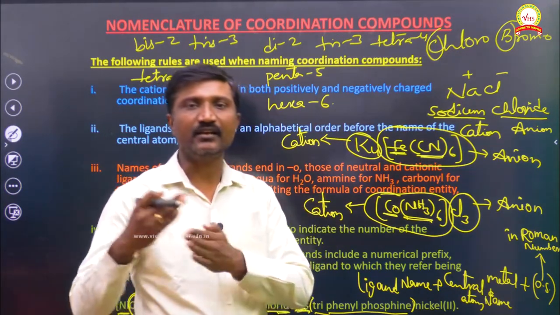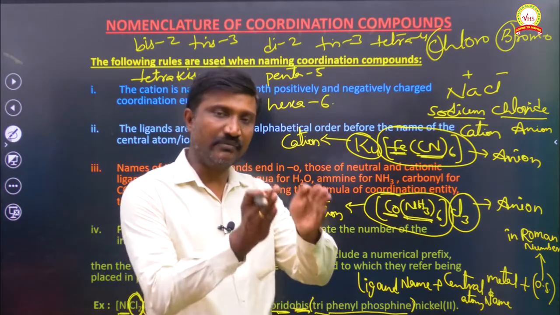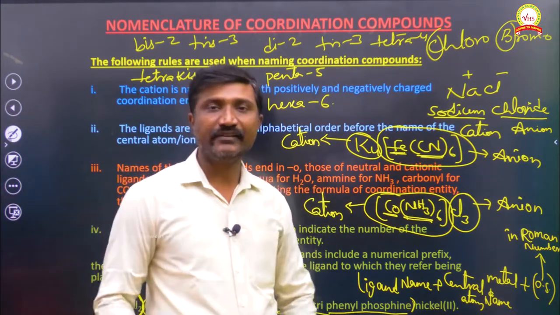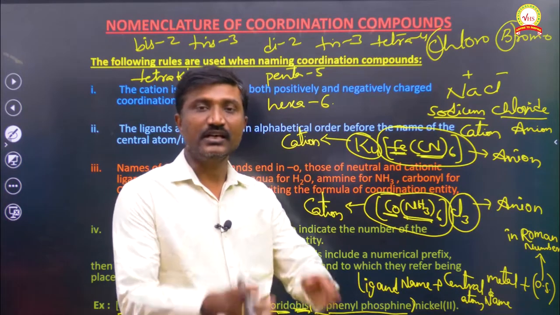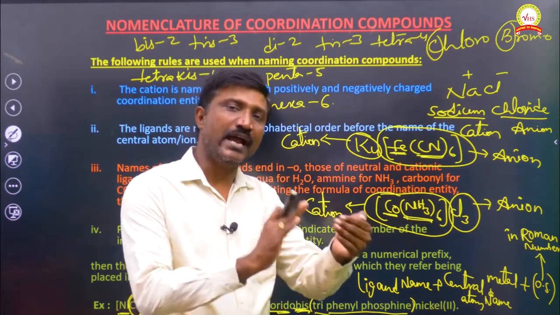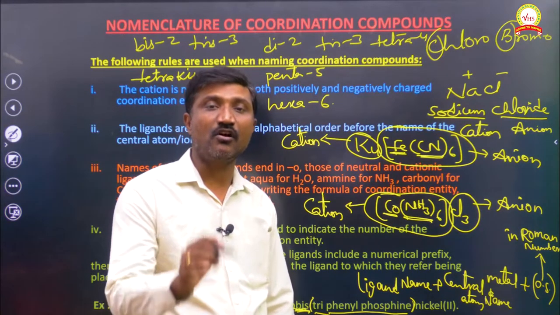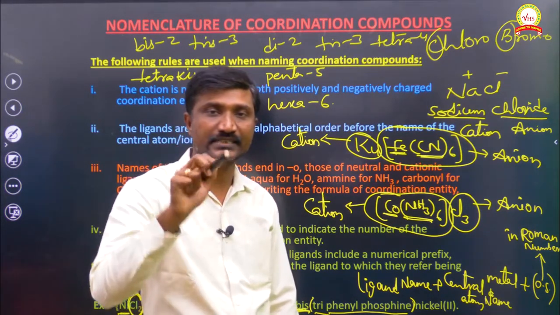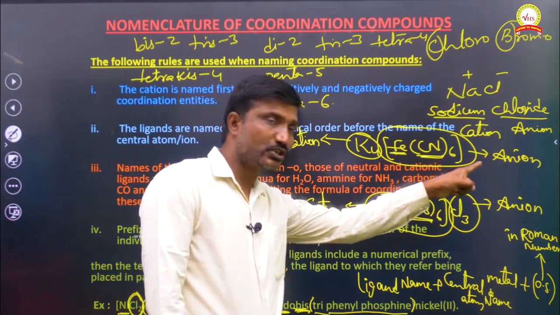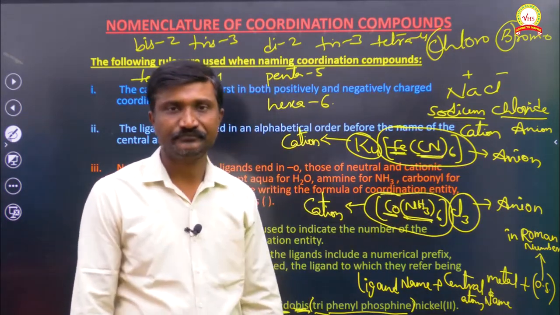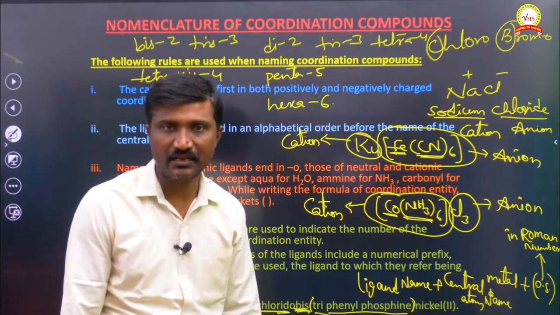If cobalt is there, cobaltate. So that metal atom name we are ending with "ate", right? That "ate" indicates that the metal is present in the negative complex sphere. Is it clear now? Right.